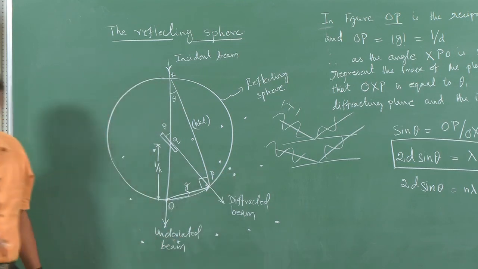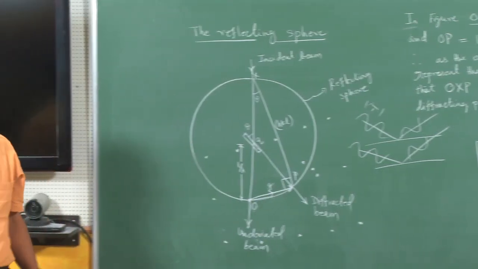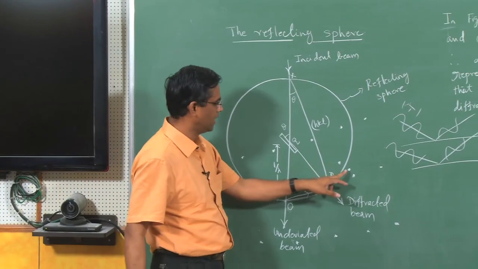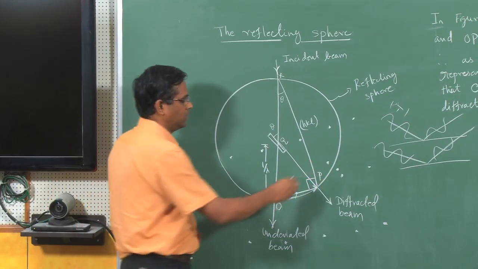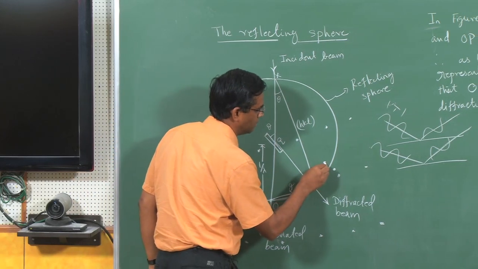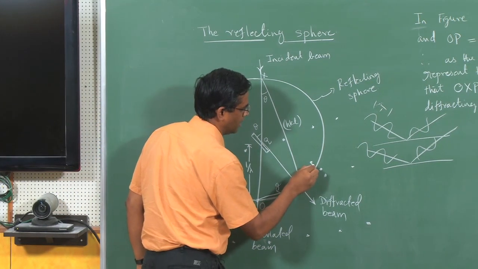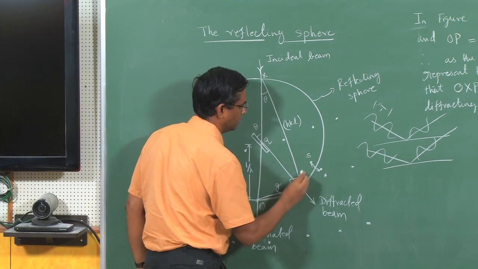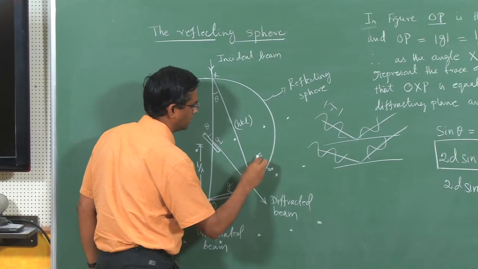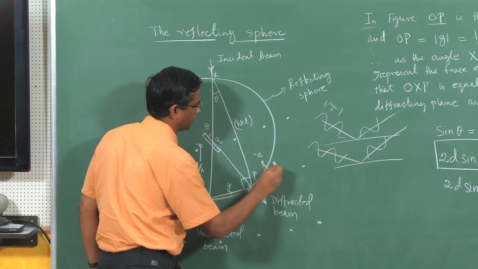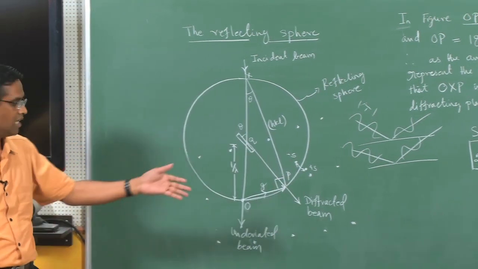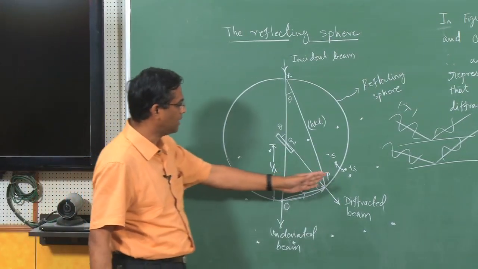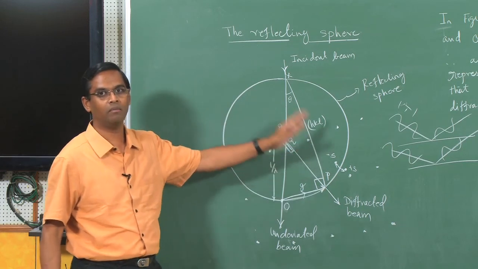Sometimes a reflection may come, that will be called inexact Bragg condition. So, this distance is measured as a deviation parameter called S. This is positive S and one is negative S. So, the deviation parameter, that is not an exact Bragg condition, but it is a deviation from the Bragg condition.